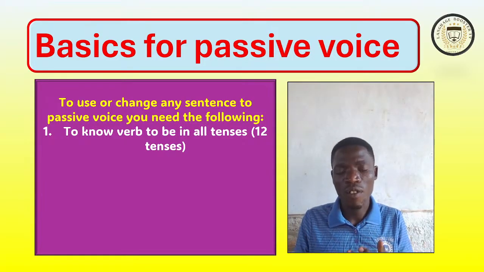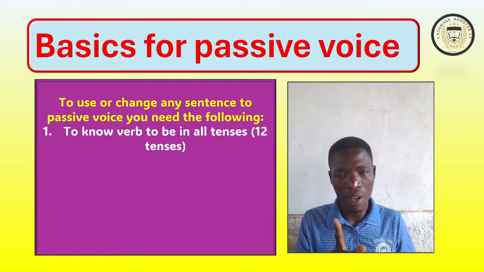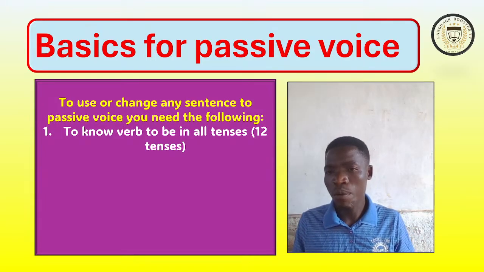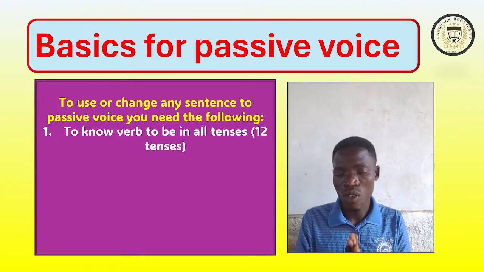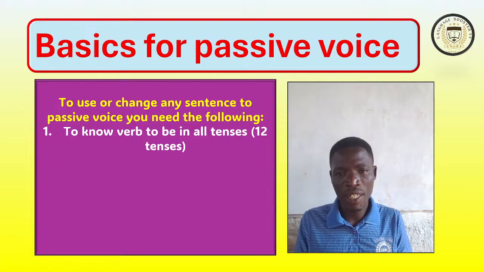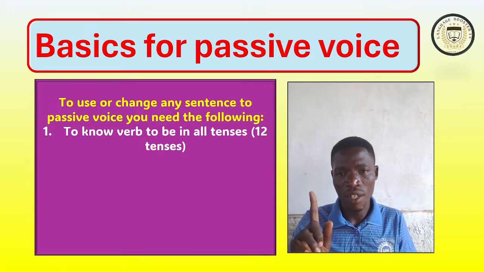When the main verb is in present simple, verb to be will be in present simple. If the main verb is in past simple, verb to be will be in past simple. So it is very important to master verb to be in all 12 English tenses. All right, that is the basic information you have to know.